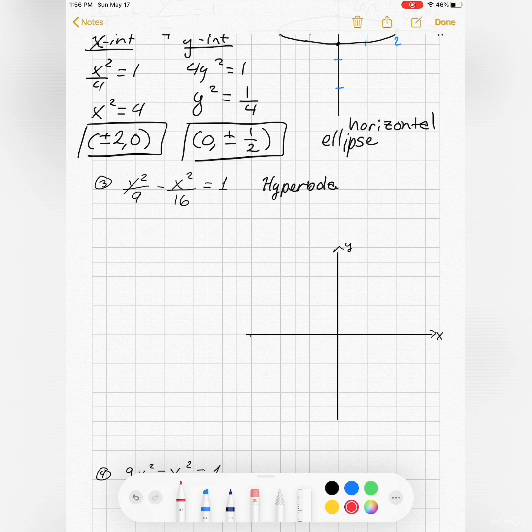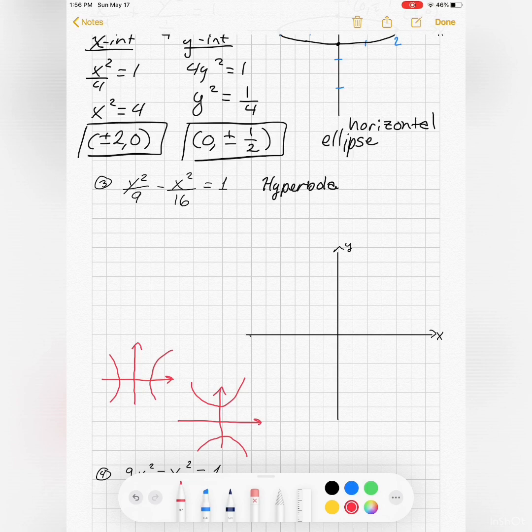Okay, so we're only looking at basic hyperbolas here. So I have two options. I have a hyperbola like so, or like so. All right, so those are my basic shapes.